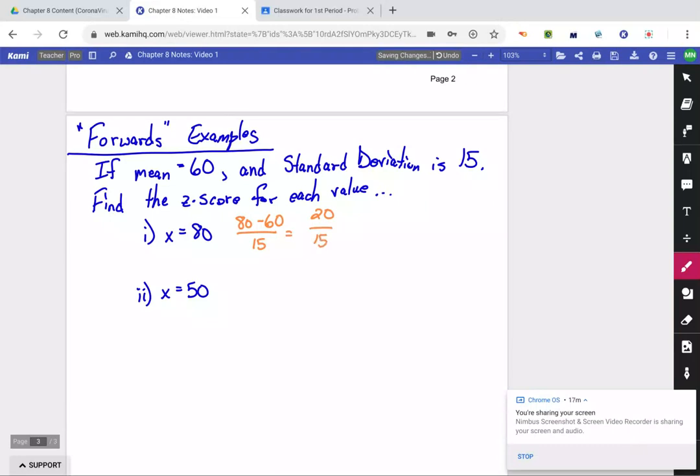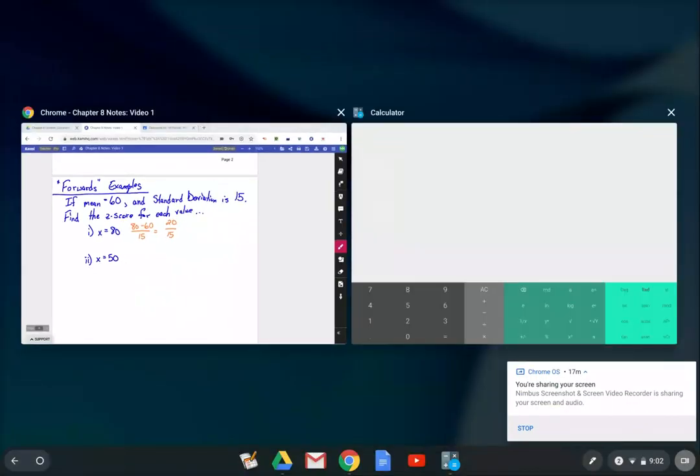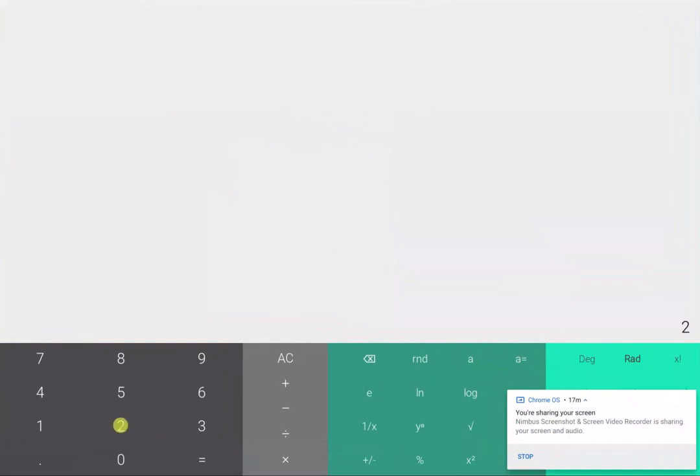That's still not too bad, but this is where I wanted to show you, you're more than welcome to use the calculator in any way, shape, or form. So 20 divided by 15 is going to give you your decimal. Just remember we're going to use 2 decimal places of accuracy. So when this gives us 1.3 forever, we're going to leave that as 1.33.